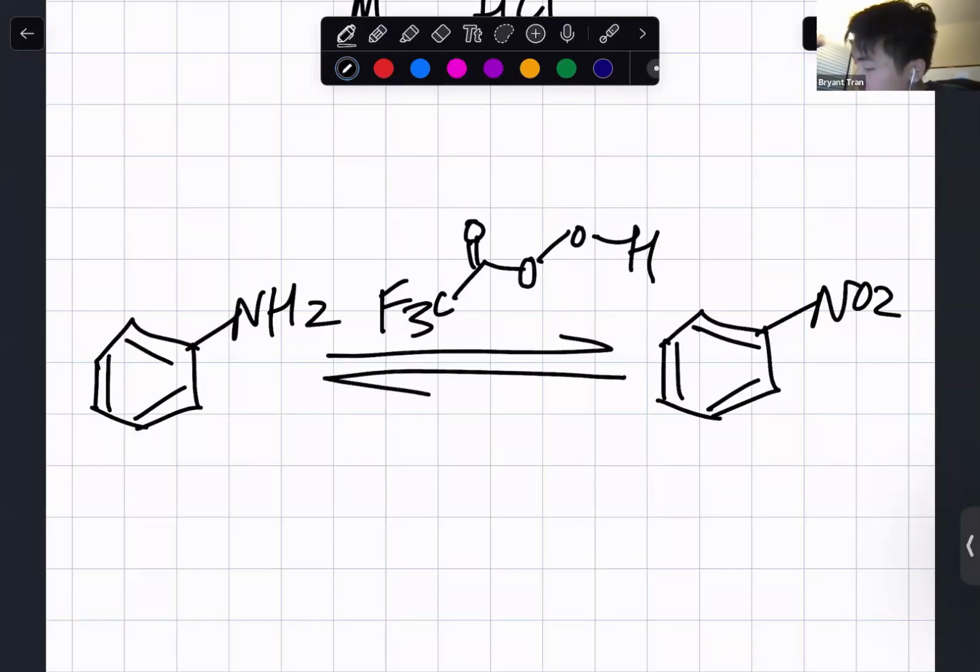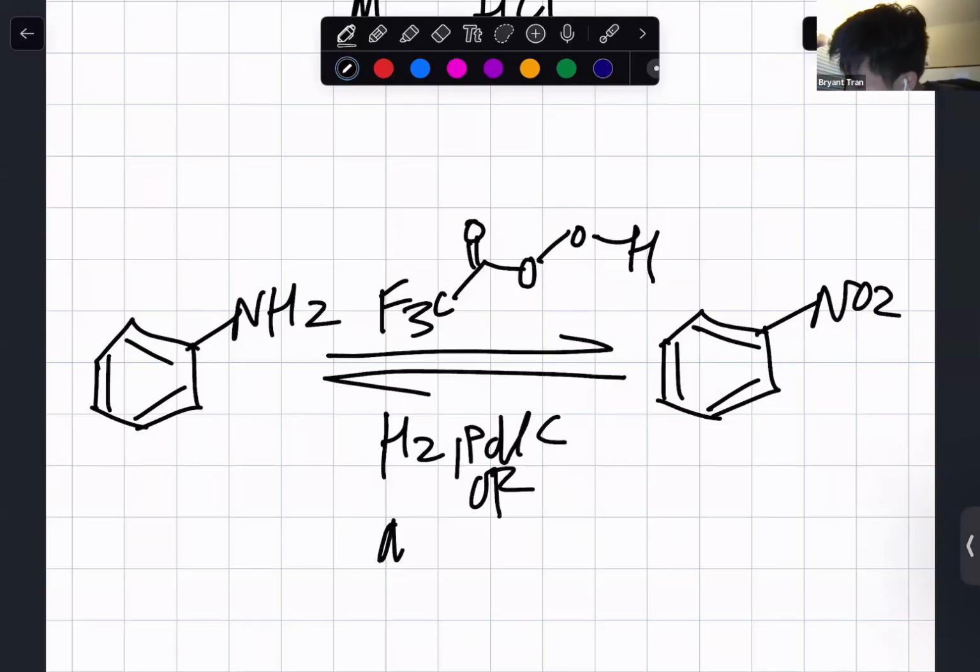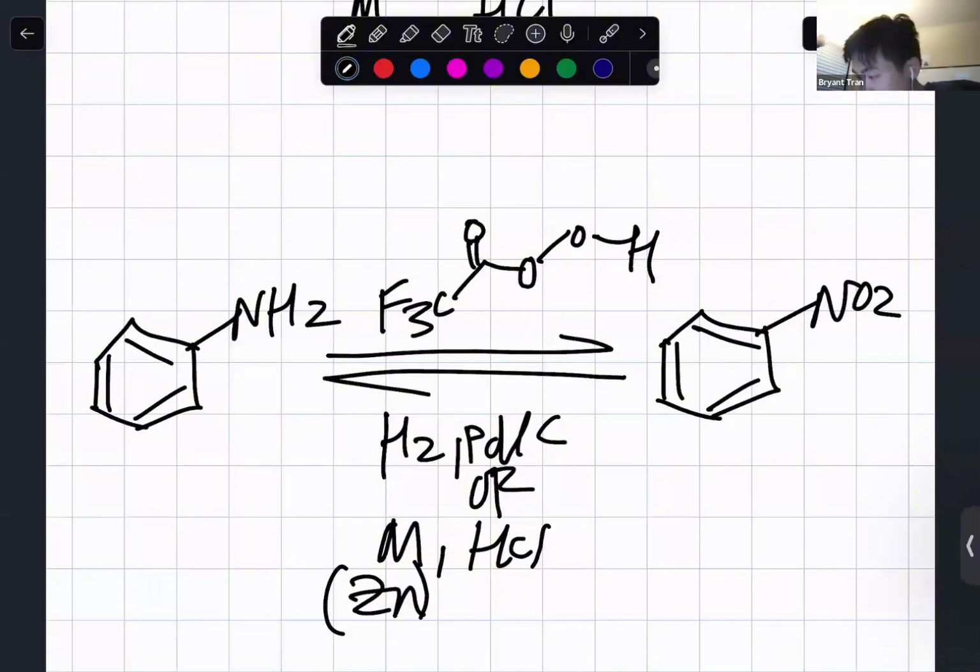And then if you want to go backwards from EWG to EDG, you could use a reducing agent, H2, Pd/C, or a metal with HCl. And the metal could be like zinc, Clemmensen reduction. This is not EAS, but good to know for synthesis.